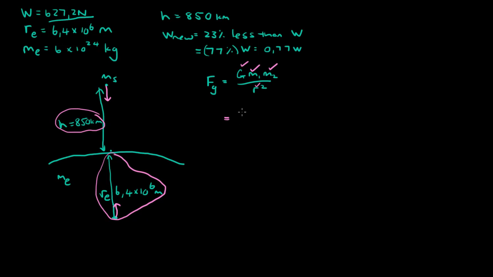So let's substitute in. So G is 6.67 times 10 to the minus 11. M1, which is mass of satellite, 64. Mass of the Earth is, where's it gone? There, 6 times 10 to the 24, significantly larger than the satellite's mass, divided by the distance between them squared.